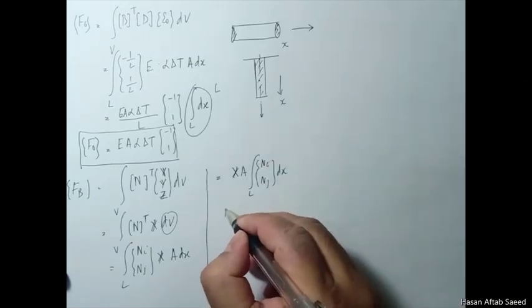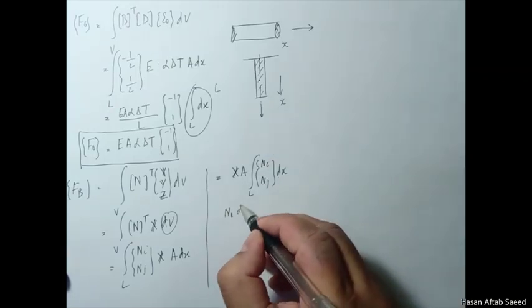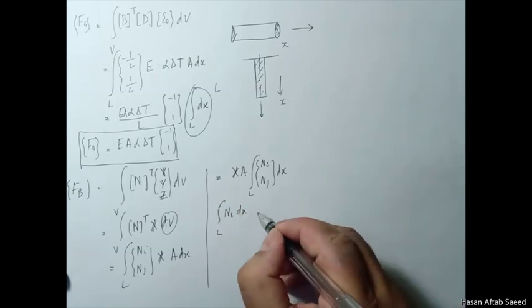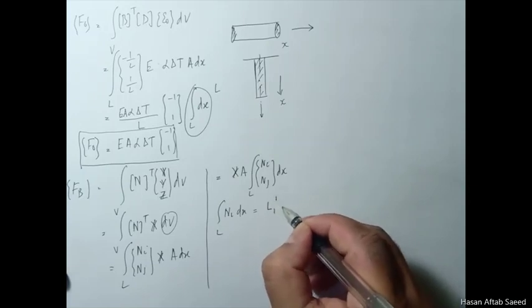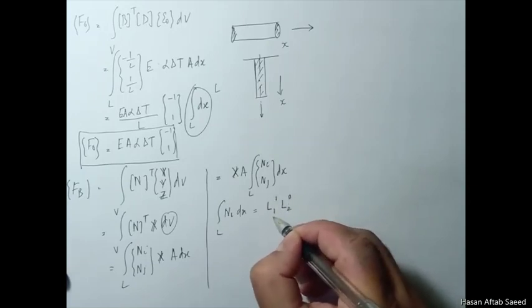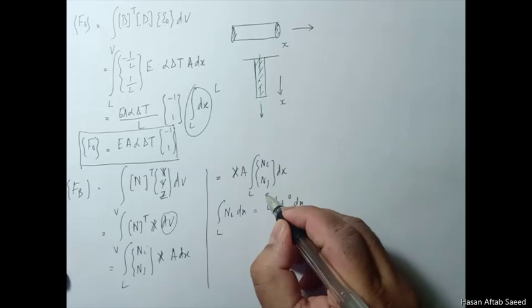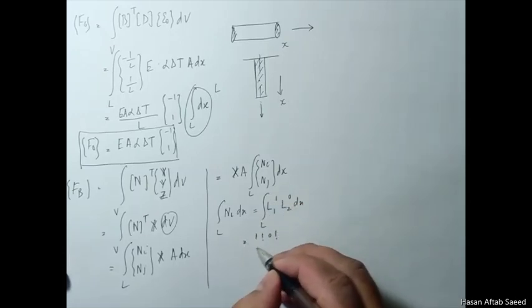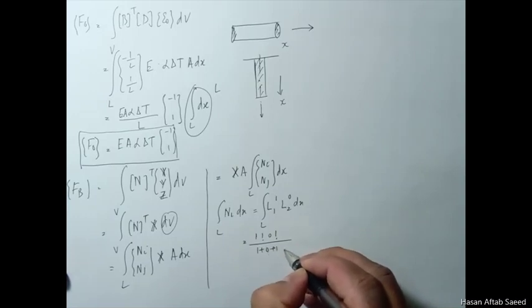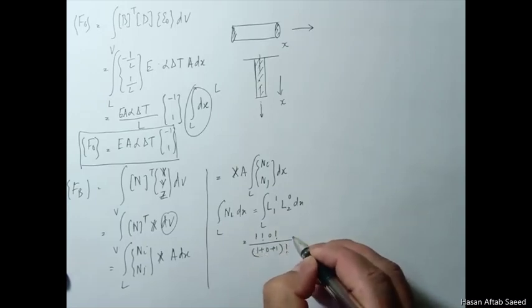Please recall the factorial formula, Ni dx, for example. So we were able to write this as L1 to the 1, L2 to the 0, dx, and this came out to be 1 factorial, 0 factorial, over 1 plus 0 plus 1 factorial, into length.